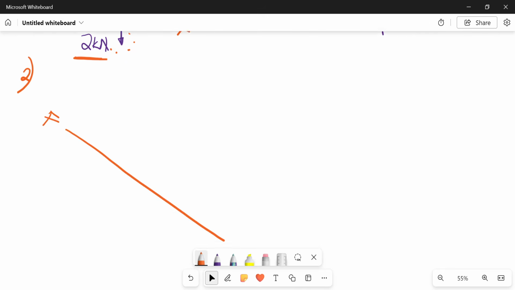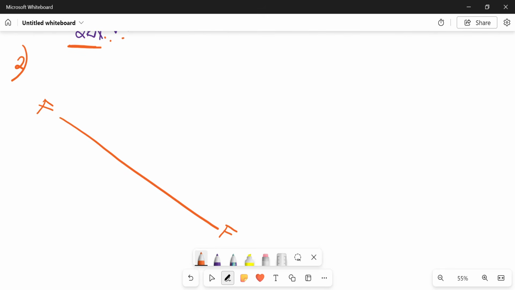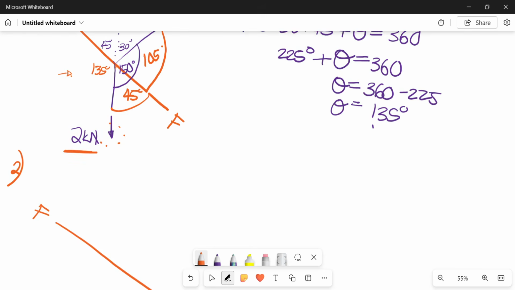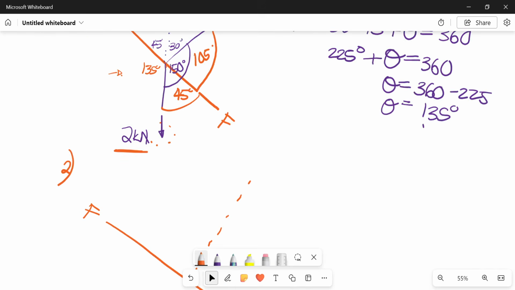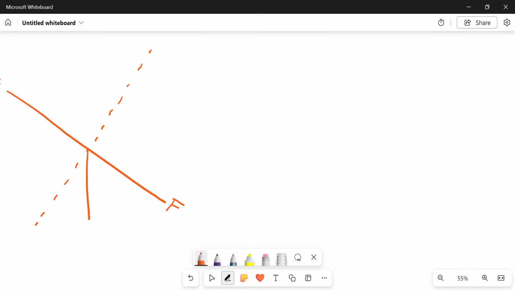So using the angles that we have, if we had an imaginary axis, it would be somewhere here, just so we know what perpendicular would look like. Then we know this one is at 45, so it can be at like the halfway point, and that's our 2 kilonewtons. Then the perpendicular component would essentially be meeting this F line at 90 degrees.